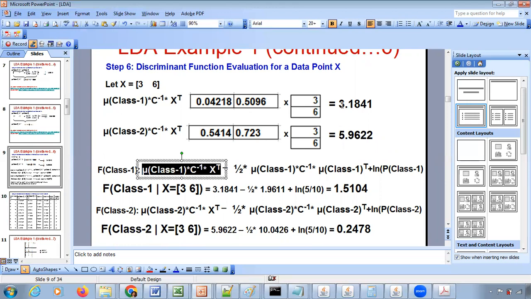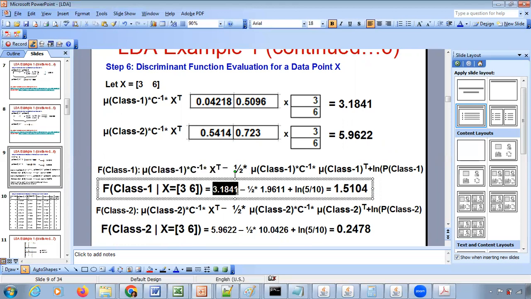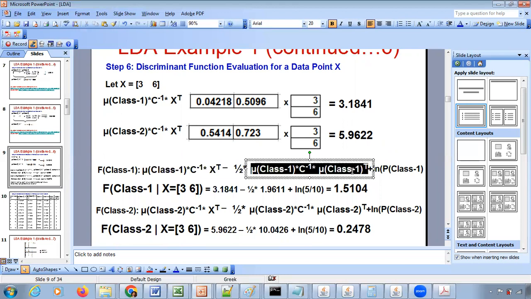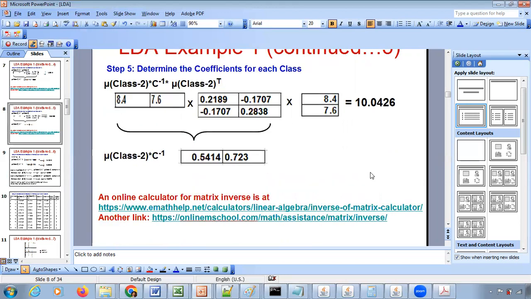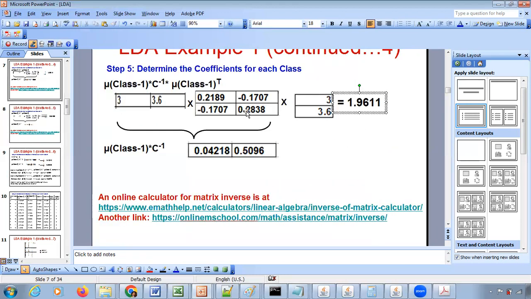So this for class 1, we got this as 3.1841 minus half of this value that we computed for class 1 here. Okay, so basically instead of this 3.6, which is the transpose of this means for x1, x2, we use the data point itself. That's the only difference.